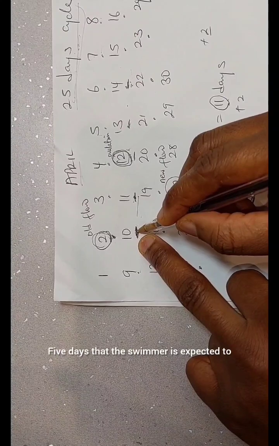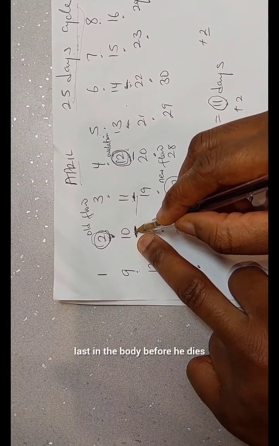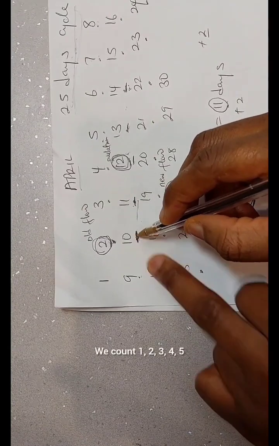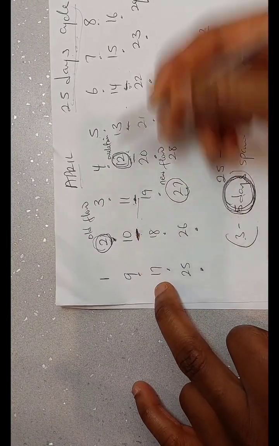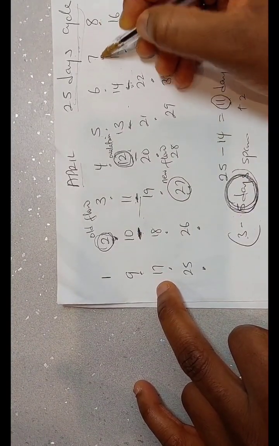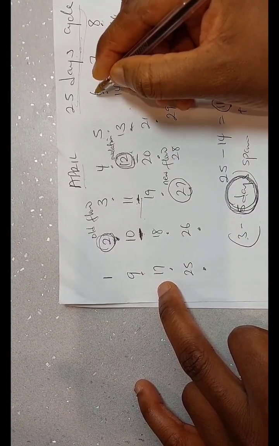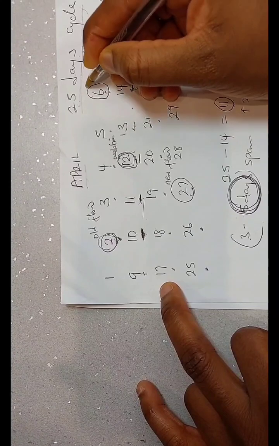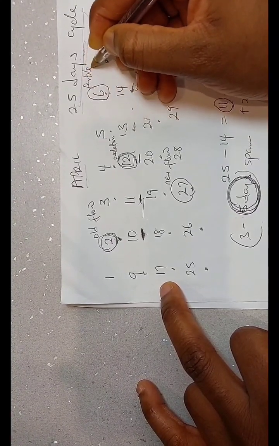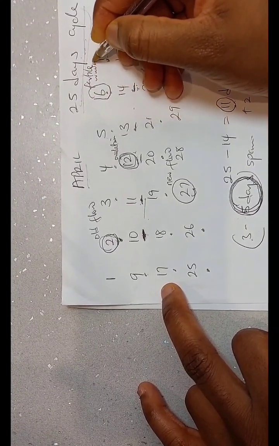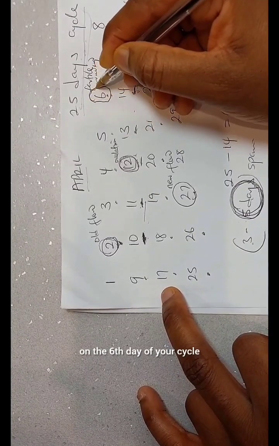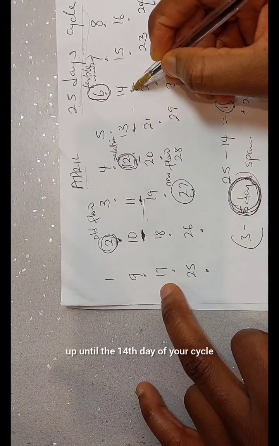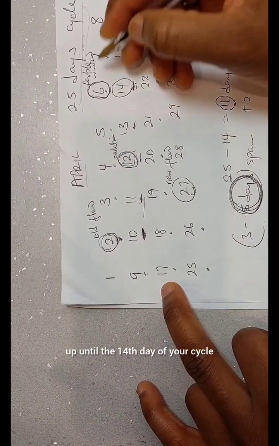The 5 days that the sperm is expected to last in the body before it dies, we'll count 1, 2, 3, 4, 5. Meaning that your fertile window begins from number 6, on the 6th day of your cycle, up until the 14th day of your cycle.